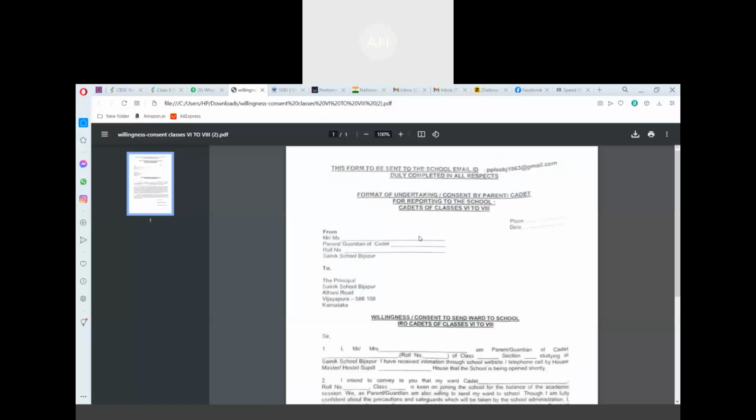Okay, sir. You are seeing this willingness form. Father got this cancel letter, sir. So on this you have to mention your roll number, your parents' name here. Here cadet's name, roll number, class and section.